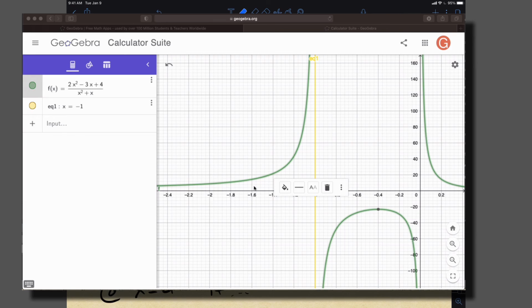I've added in the vertical line x equals -1. And you can see that, yes, as x goes to -1 from the right, our function seems to be dipping off to -infinity, whereas as x goes to -1 from the left, our y value is going up to positive infinity, just like we saw.